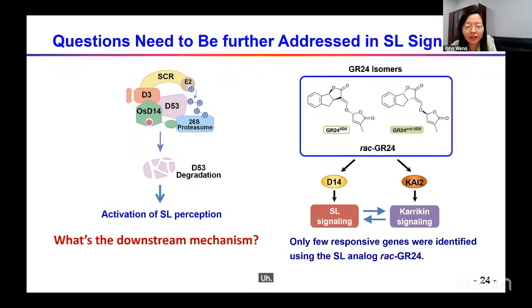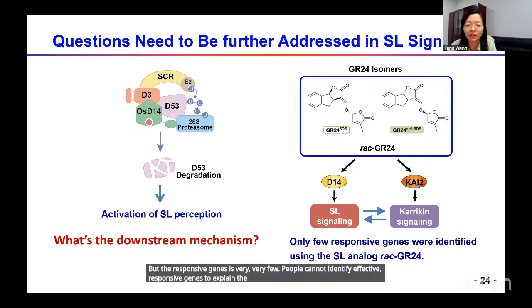Although the hormone has lots of functions in plants, the responsive genes are very, very few. People could not identify effective responsive genes to explain the phenotype.